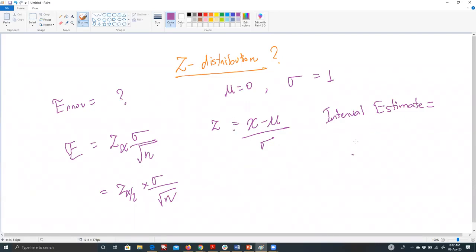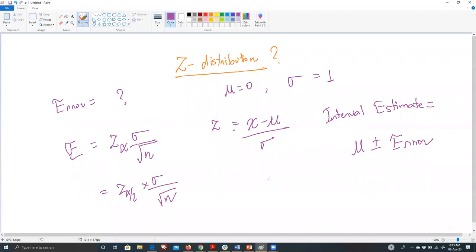Interval, mu plus minus the error, yes. So this will give you an idea how to calculate all of this, the interval estimate and everything.